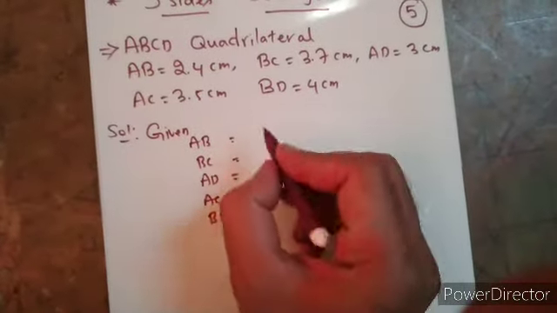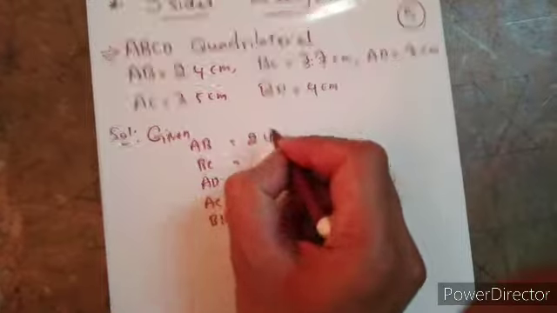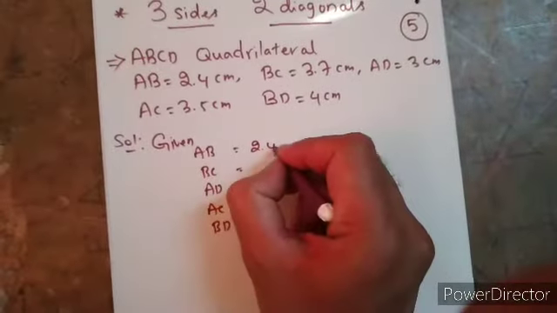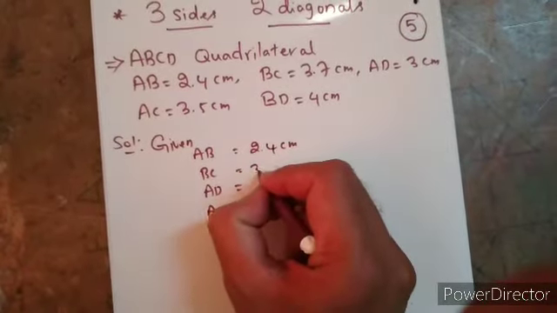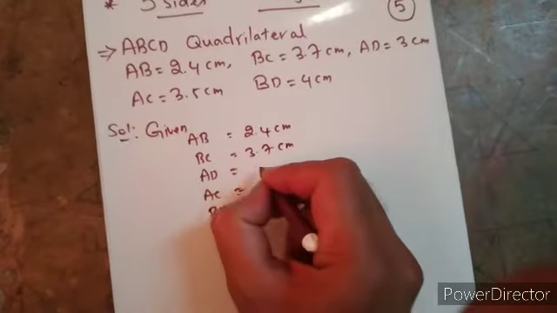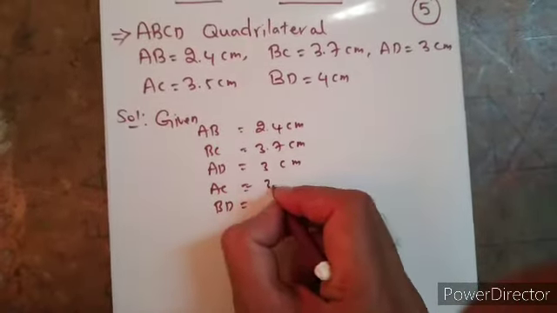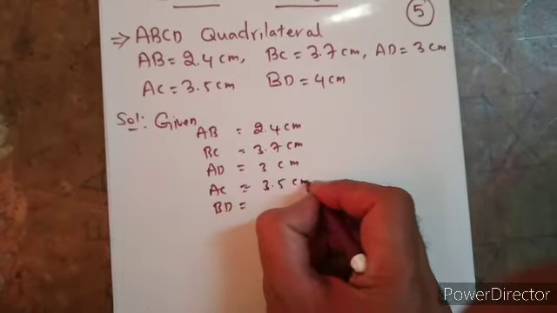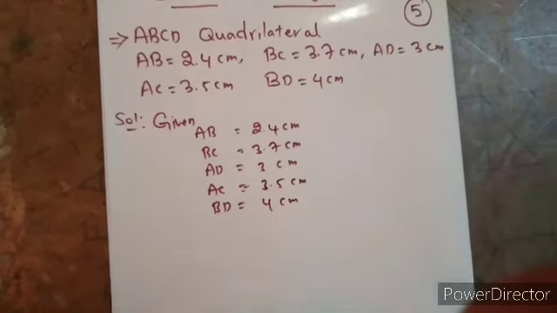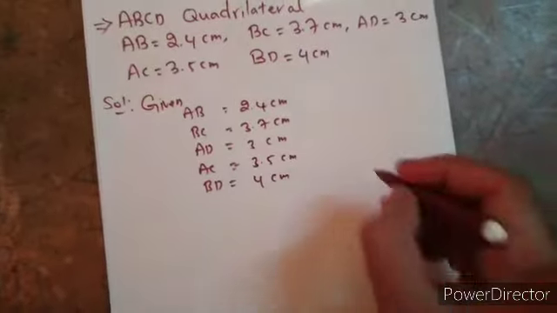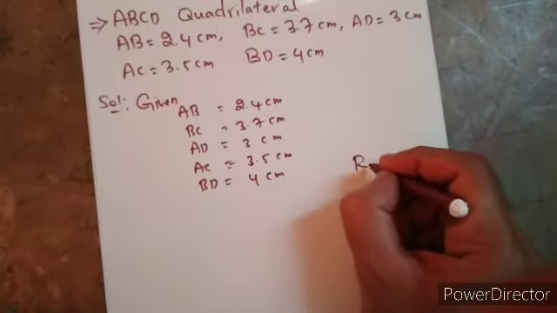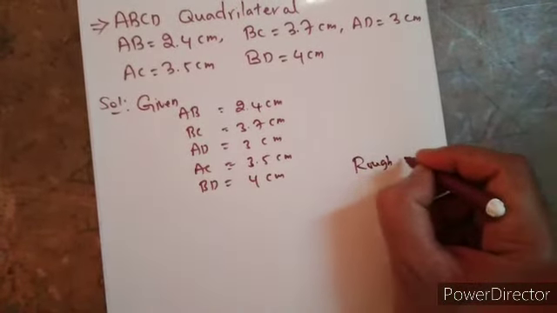You have to repeat 2.4 centimeters, 3.7 centimeters, 3 centimeters, 3.5 centimeters, 4 centimeters. After this you have to draw the rough sketch or rough diagram.